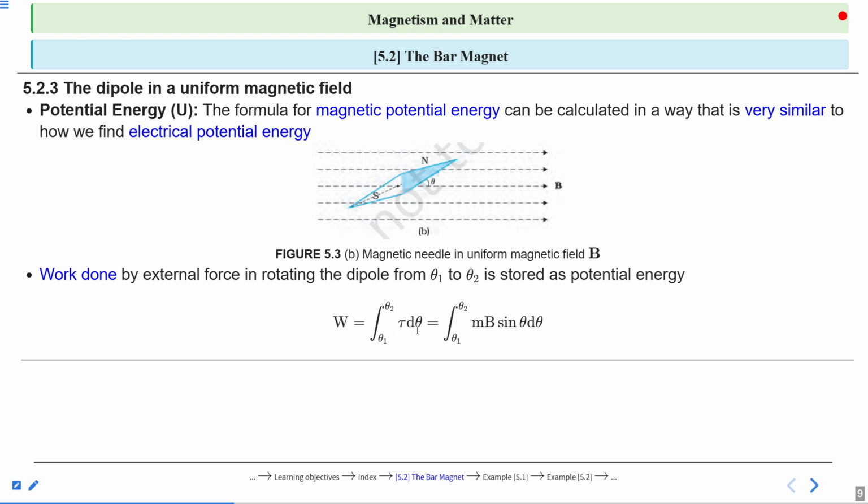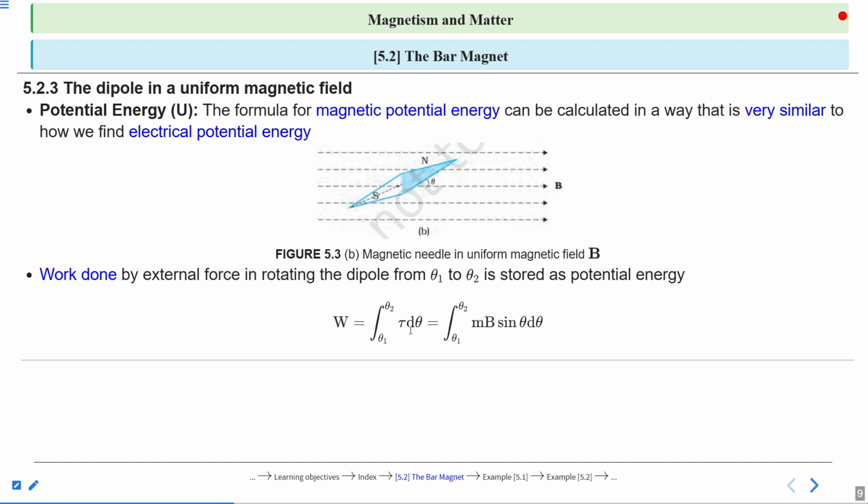In rotational motion, you may have studied that work done is torque into angular displacement, similarly to translational motion where it is force into displacement. So tau d theta, a very small angular displacement, is small work done.